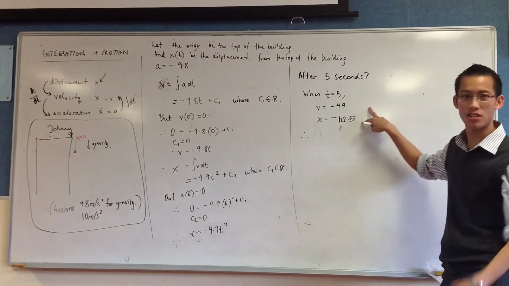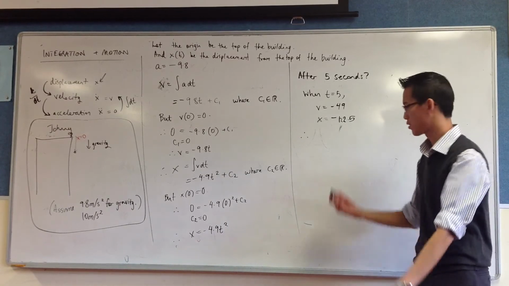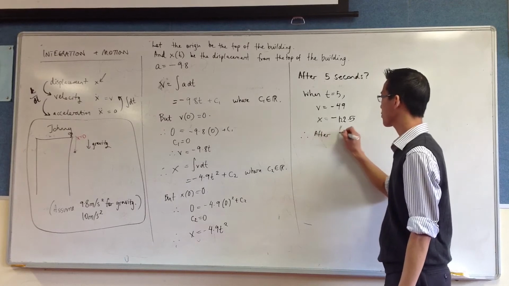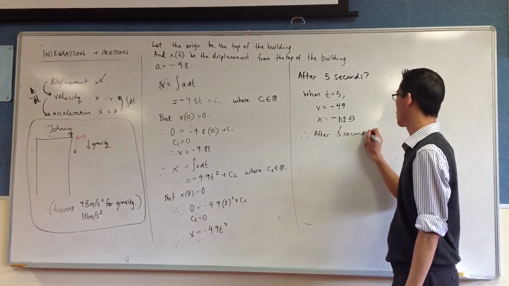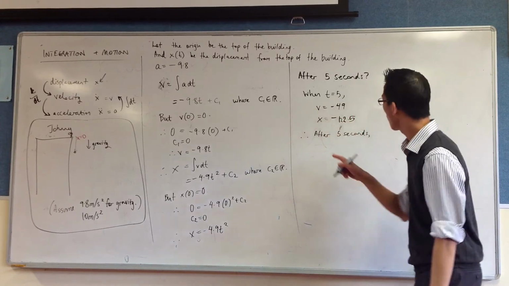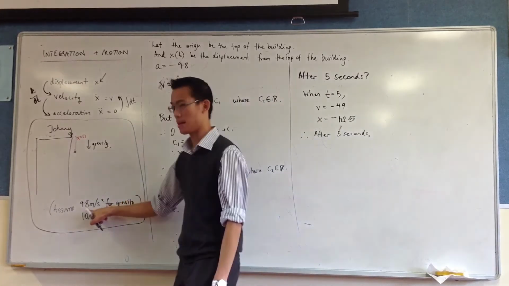Okay, now, therefore, I'm almost finished. Because all of this is in terms of vectors, and it's not in terms of language, right? I want to conclude. Okay, so just like the question begins, let's say after 5 seconds, how do I describe this velocity? Well, it's going at 49, what are the units? Meters per second, right?